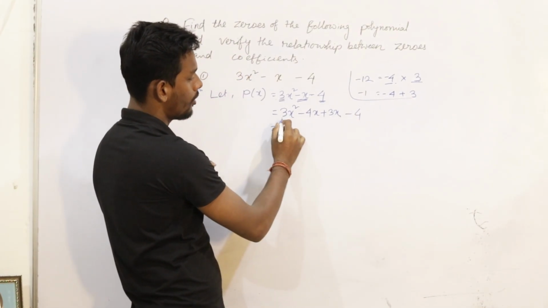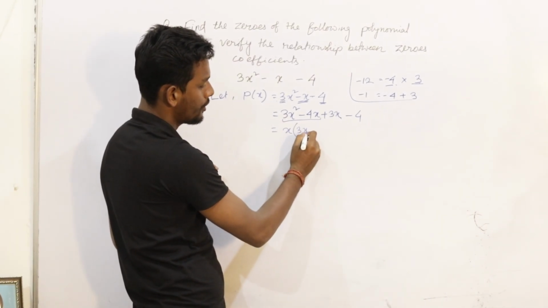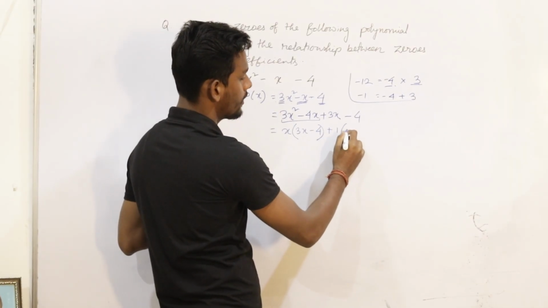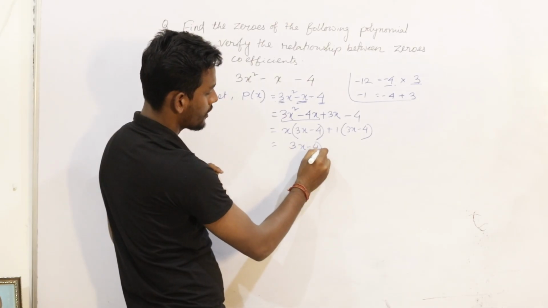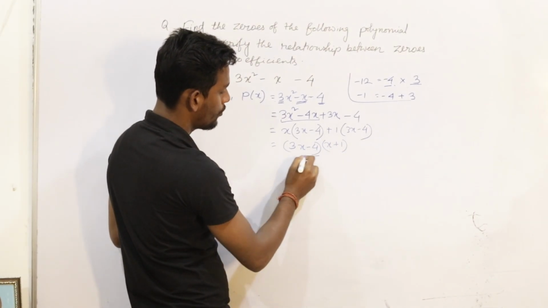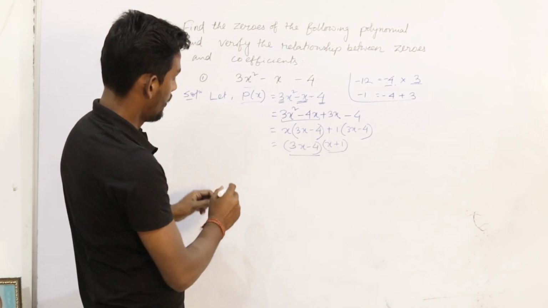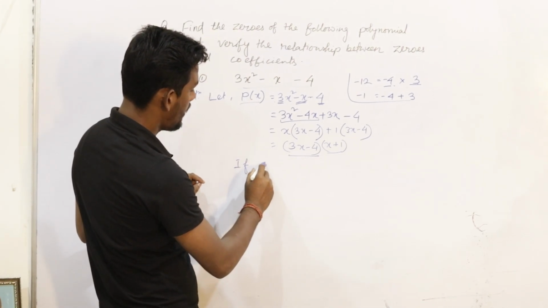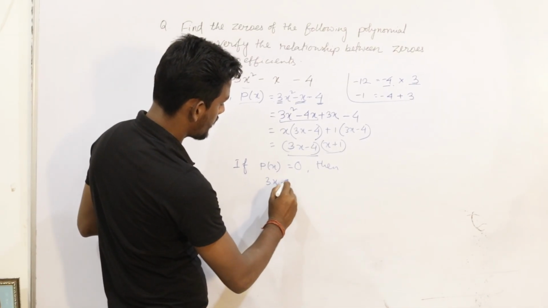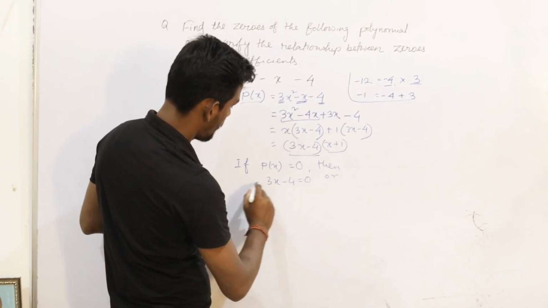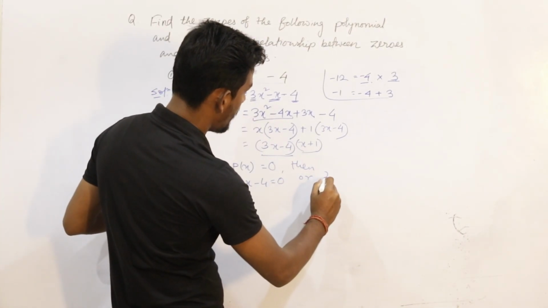Now take the common from these two terms. You can take x as common, it will be 3x − 4. Here you can take 1 as common, 3x − 4. 3x − 4 and x + 1 are the two factors of p(x), that is, of this. Now for finding the zeros, see, if p(x) is 0, then either 3x − 4 is 0 or x + 1 is 0.